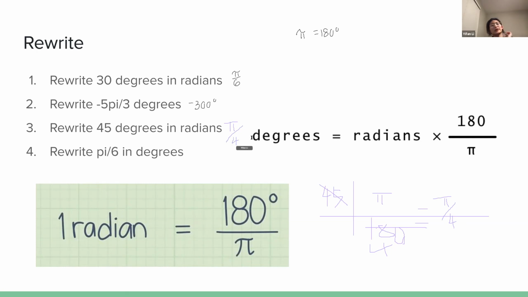And for number 4, it is pi over 6, which is the same as the first one, number 1. So it's 30 degrees. But I will put the word beside it. So pi over 6 right here, and times 180 over pi.